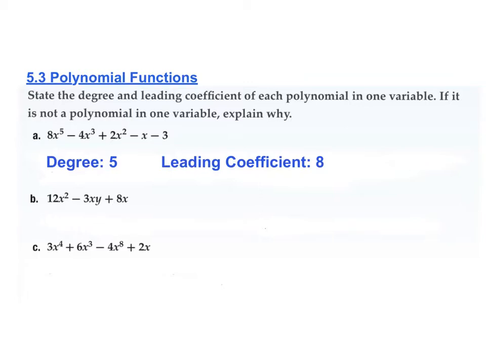Now, the key thing here is in the directions it says, if it is not a polynomial in one variable, explain why. Well, ultimately, if it's not a polynomial in one variable, that means there's more than one variable. So for part B, is this a polynomial in one variable?